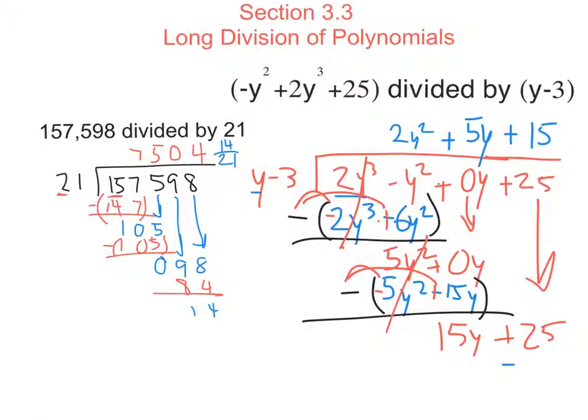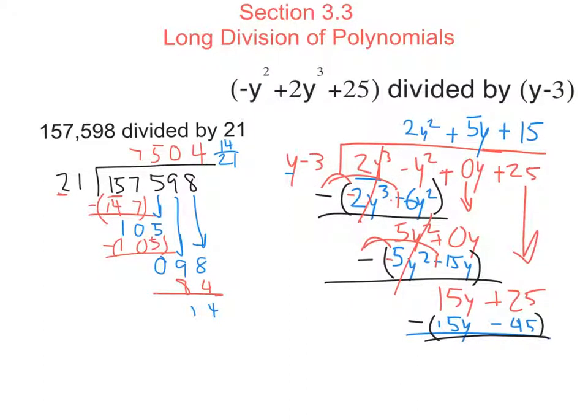That's negative 45. And then 15 times y, that's 15y. And of course, we are subtracting, so we're going to put in parentheses with the minus sign on the outside. And when we distribute that minus sign, that's going to become a negative 15y, which cancels out. This is going to become a positive 45. So we end up with 70.